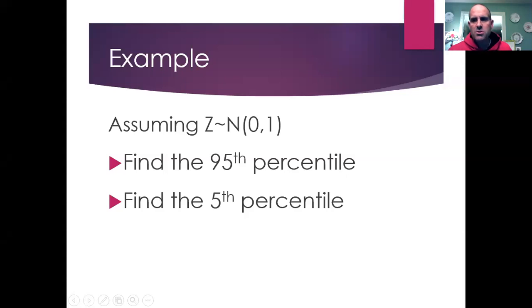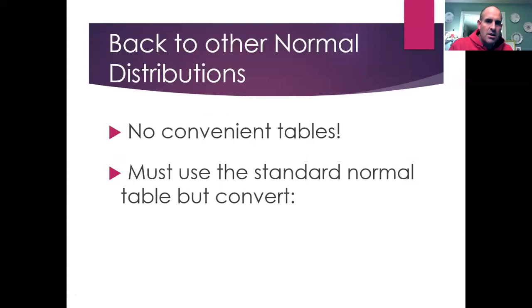Okay, so why are we spending so much time talking about standard normal? Well, like I said, other normal distributions can be manipulated by converting to the standard normal. For other normal distributions, you don't have convenient tables; you would have to have infinitely many of them.